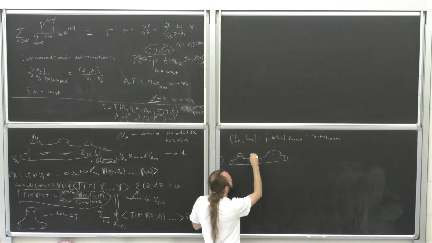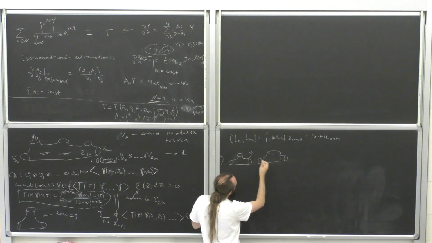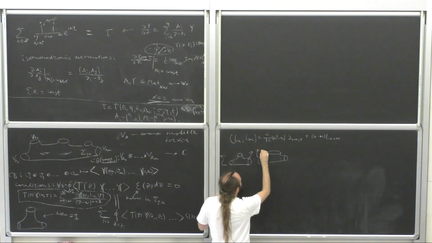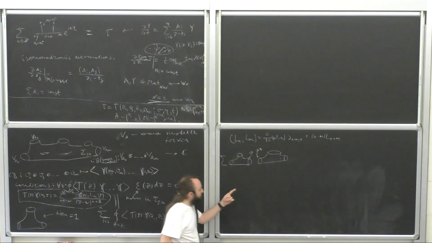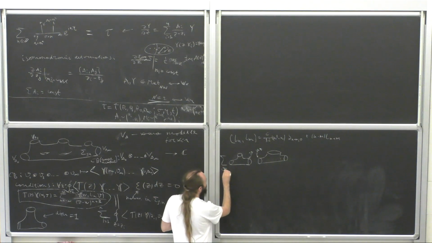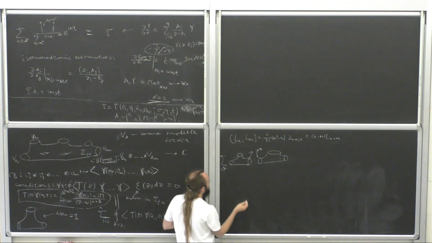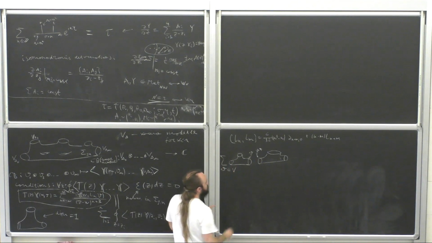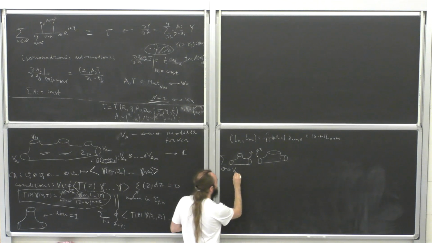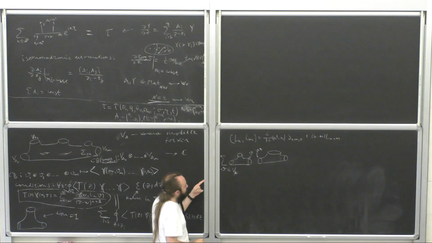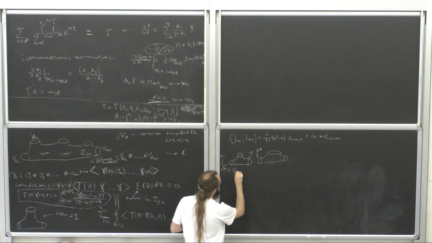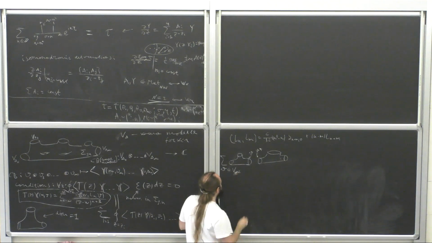So put here V, here some V star, a dual vector, and sum over all these V's which lie in a Verma module with some fixed dimension, V sigma squared.